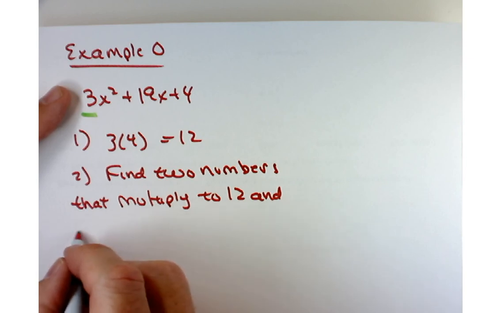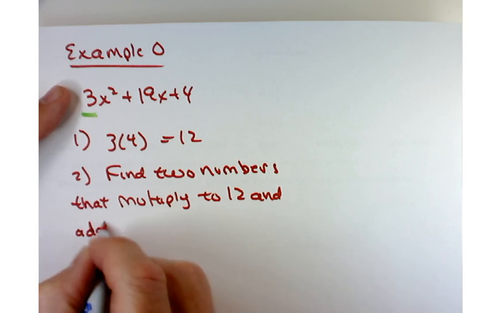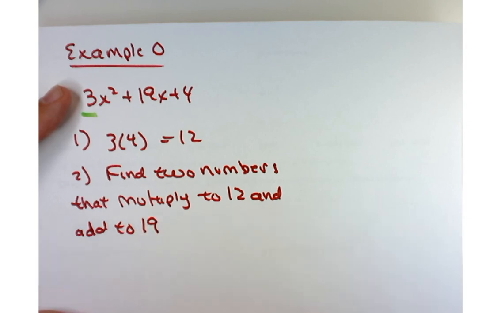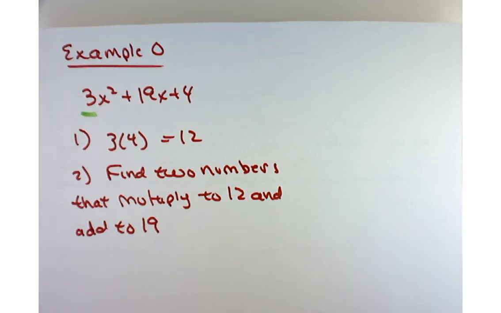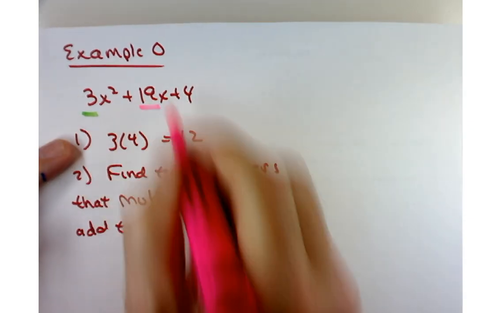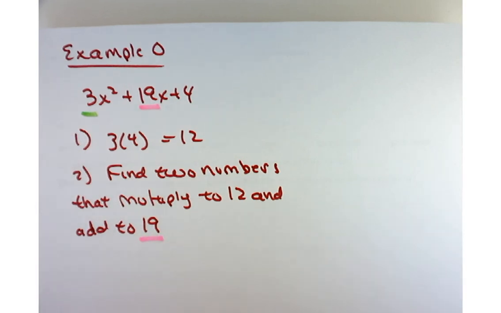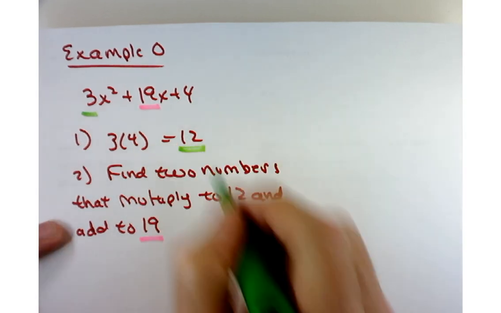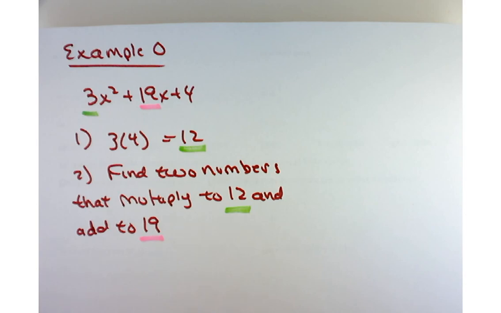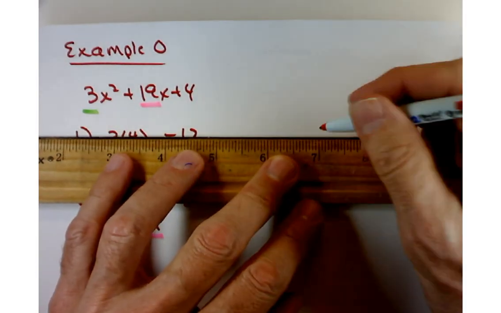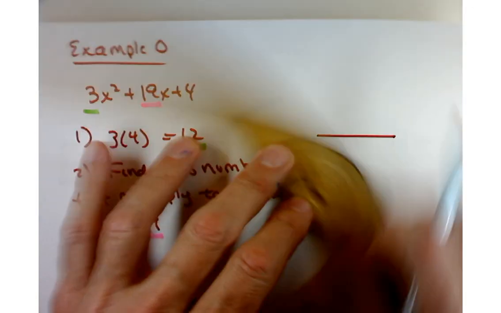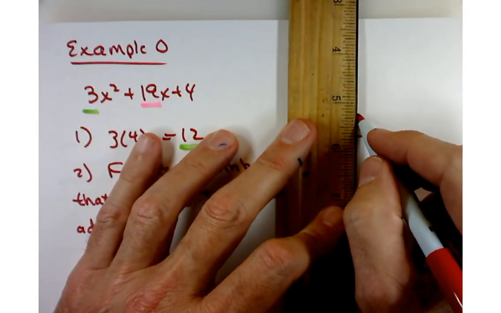Multiply to 12 and add to 19. So the 19 is coming from here. The 12 is coming from here. And nothing's jumping in my head right at the go, so I'm just going to make a little table. And let's see what happens.